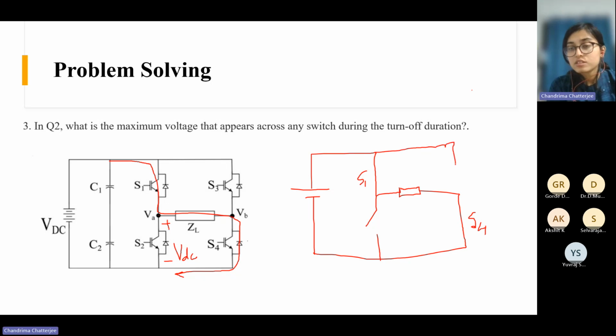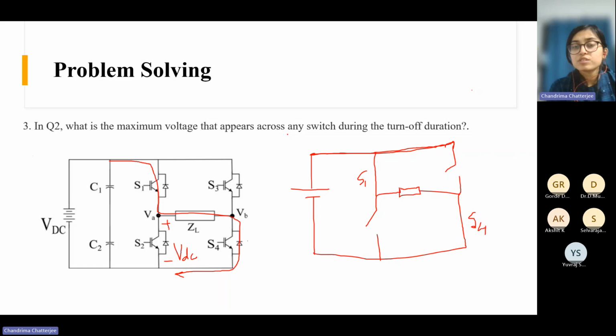So obviously S2 has to block VDC, and similarly here S3 has to block VDC, because the potential is coming here directly. And here, as this is conducting, this drain terminal is connected to VDC directly, so this will also have to block VDC.